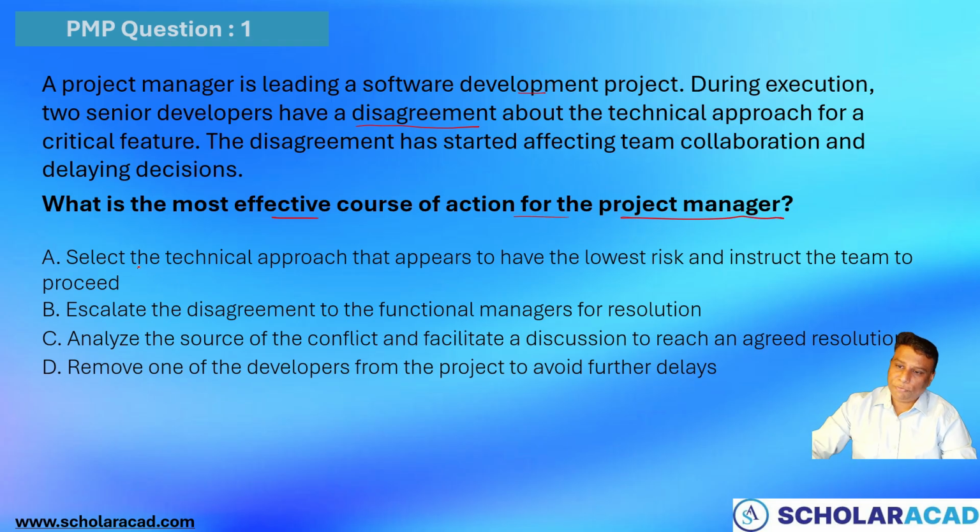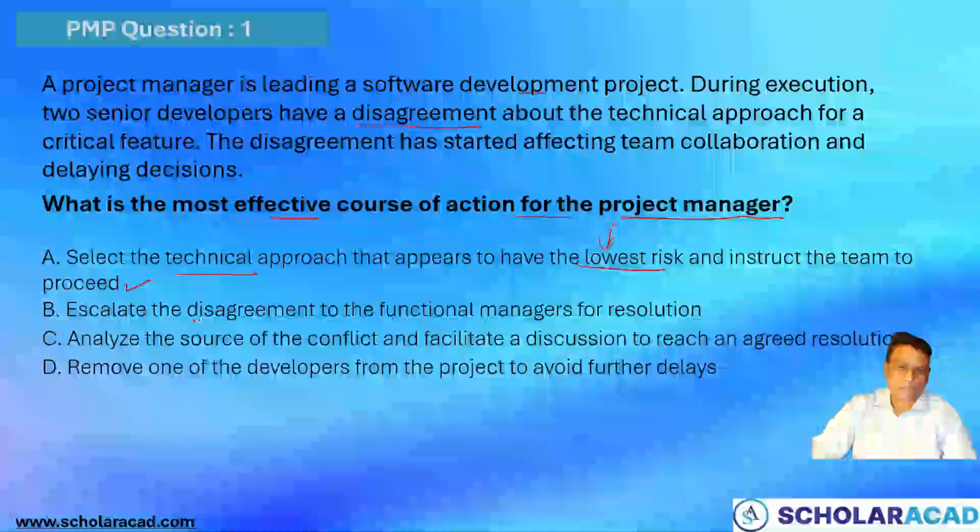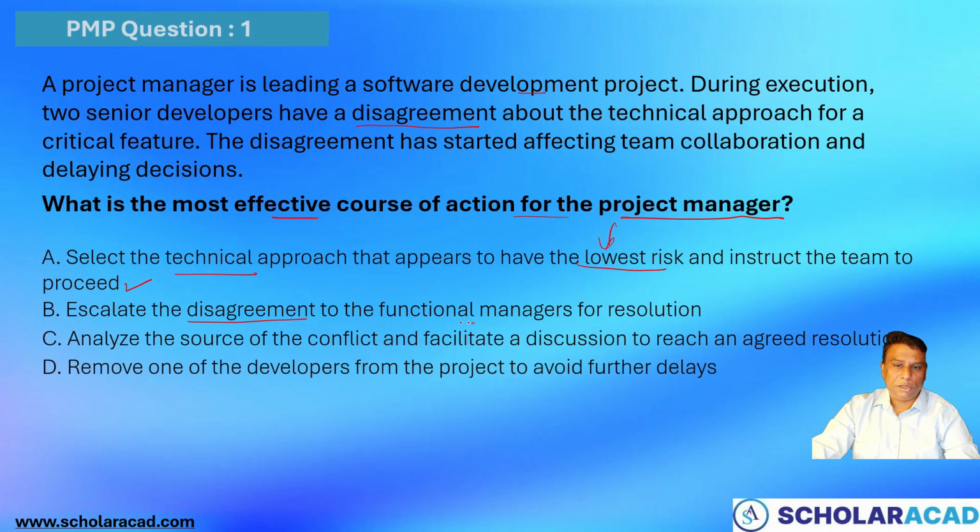Option A is to select the technical approach that appears to have the lowest risk and instruct the team to proceed. The lowest risk means risk is minimized. Option B: escalate the disagreement to the functional manager for resolution. Well, fine, but no, we have not yet analyzed the source of the conflict.